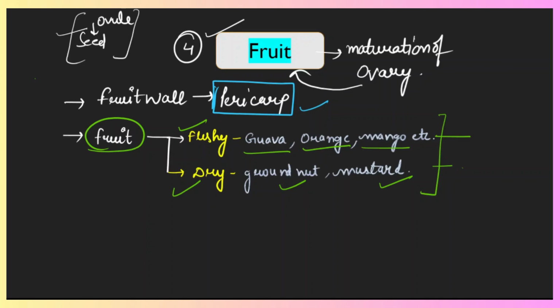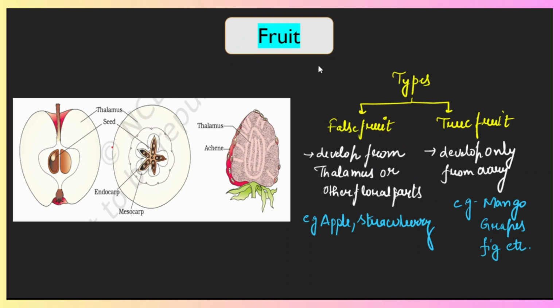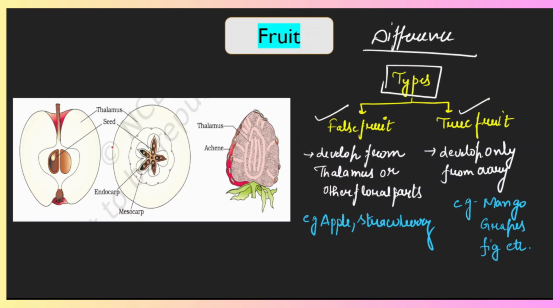Now, if we look at fruit types, there are two kinds of fruit present. First is the false fruit, second is the true fruit. This difference between the true fruit and the false fruit is very important from the board exam point of view.